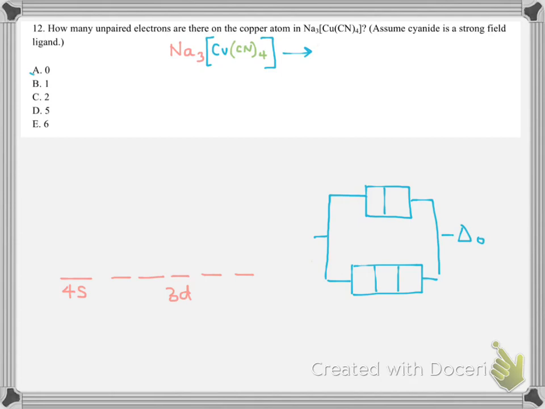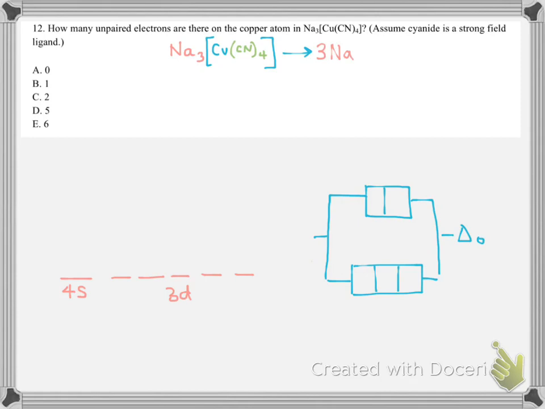Okay. And number 12, trying to figure out how many unpaired electrons there are in the copper ion, or the copper atom in this complex ion. So I'm going to start by separating the complex from the ions used to balance the charge, so that's going to be the things outside the brackets, or the sodium.